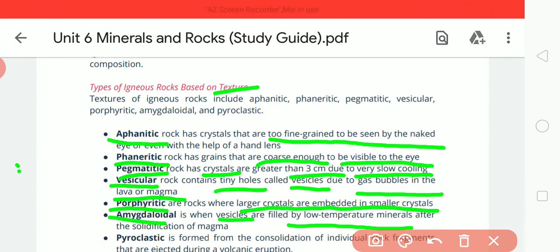However, sa amygdaloidal lang, ang iyaha lang dire is that these vesicles, which are supposed to be empty, are filled. Now, diri sa amygdaloidal, ang vesicles niya nanay content, which actually has these low temperature minerals, which are formed after the solidification of magma.